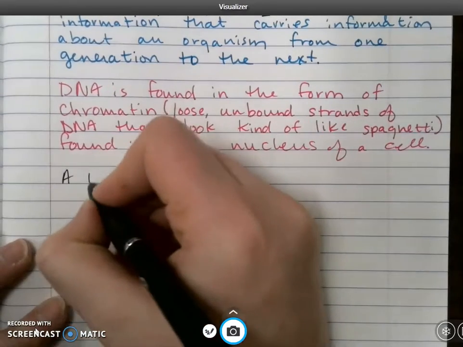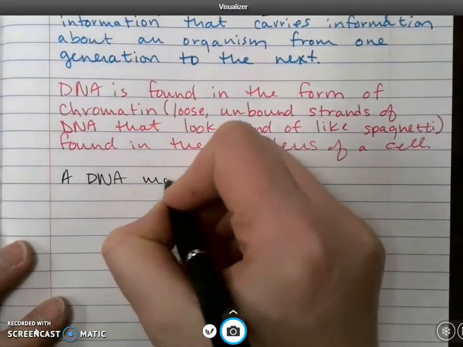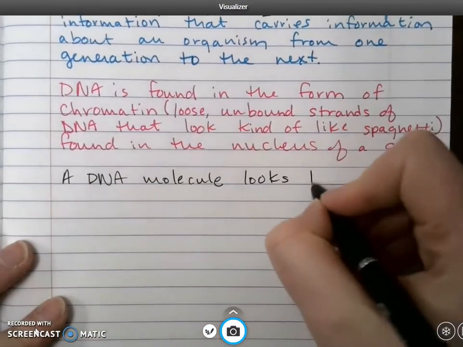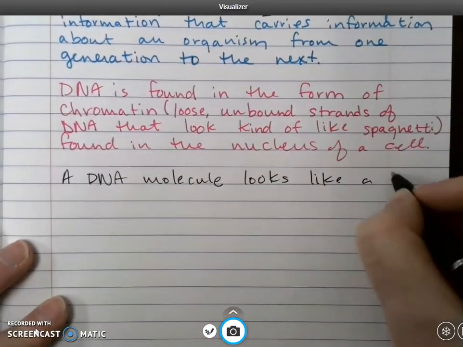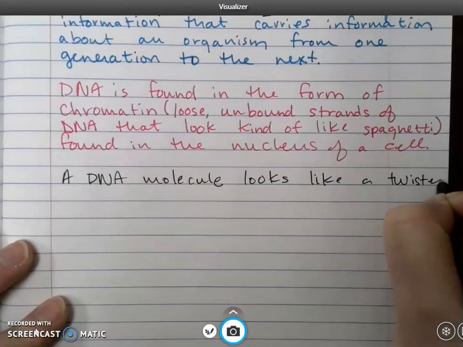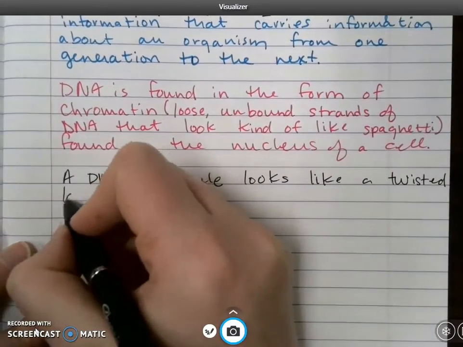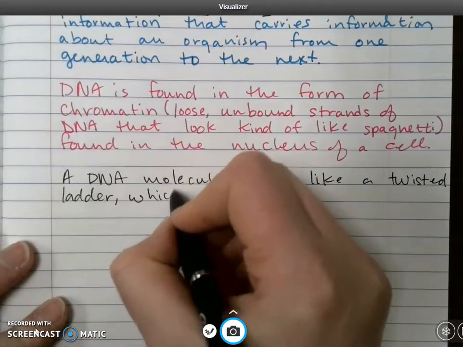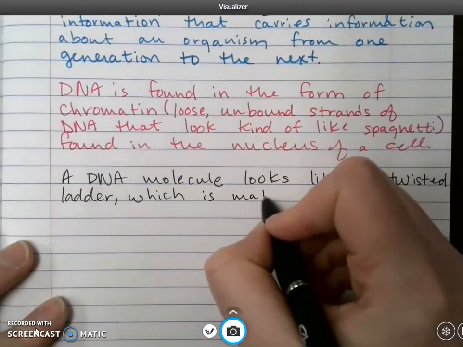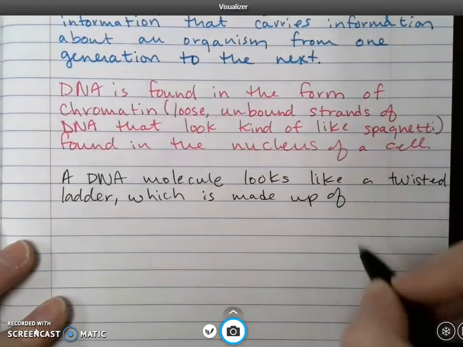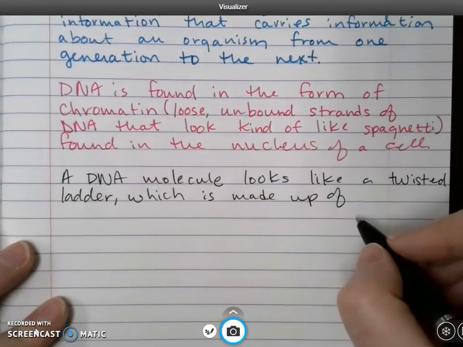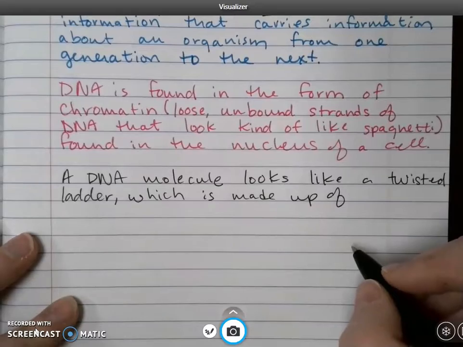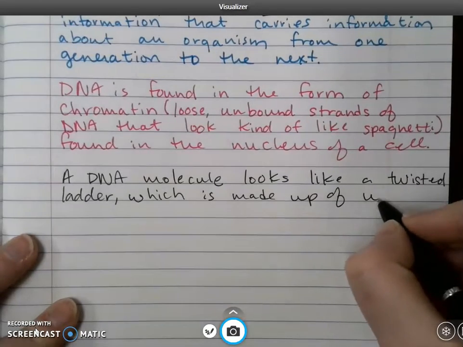So a DNA molecule looks like a twisted ladder, which is made up of units called nucleotides.